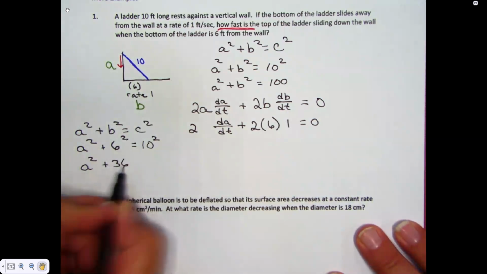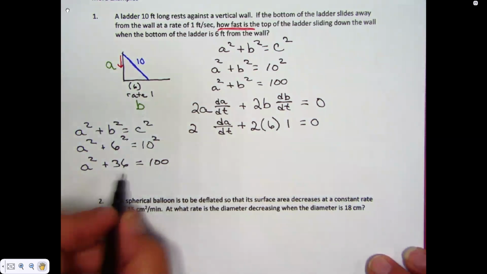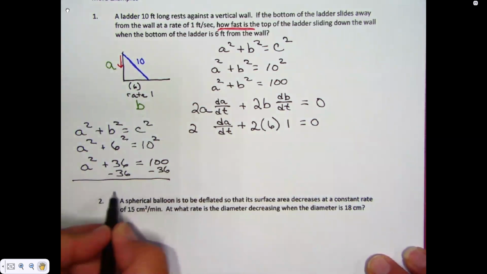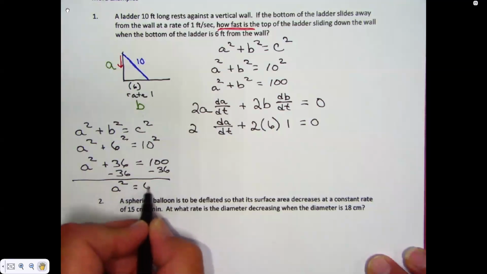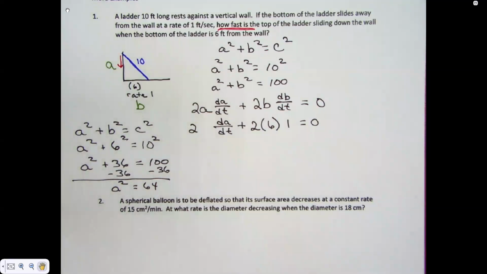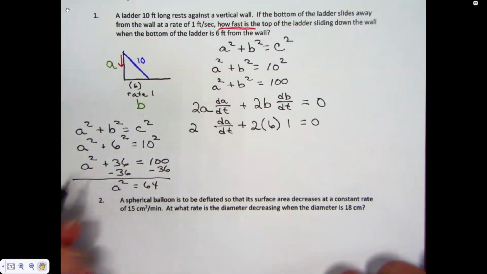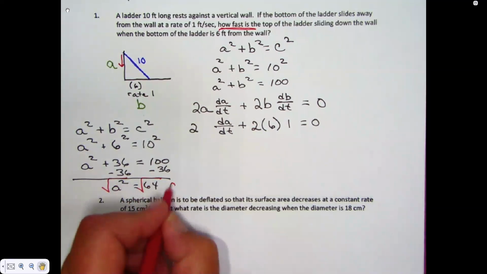I think this one turns out okay, but on the homework, it might be a radical. Those other books are a little bit nicer. Is this 64? So that gives us 8, the square. To undo a square, take the square root. And so A equals 8.